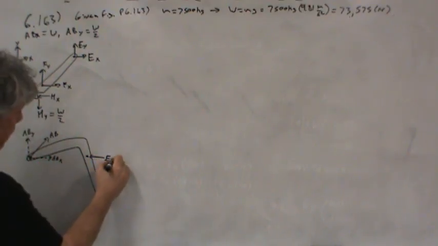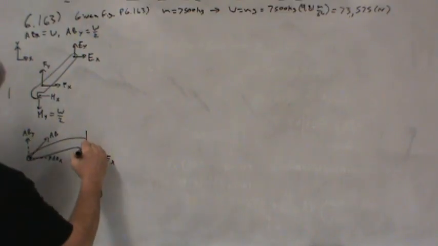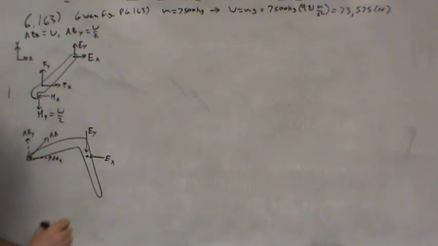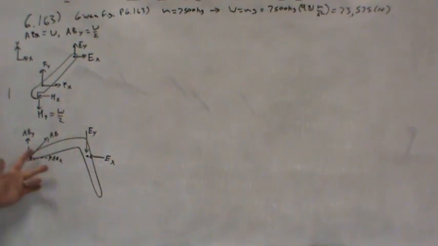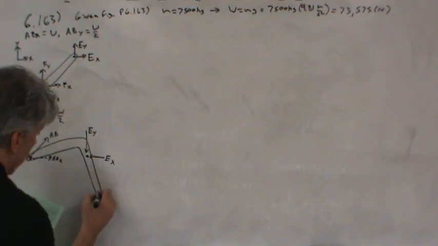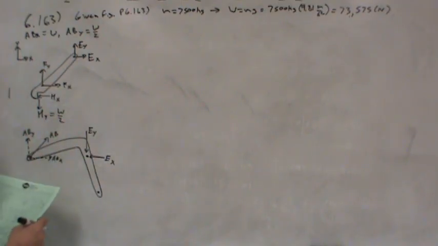In other words, I'll have a horizontal force EX this way, equal and opposite, and a vertical force EY like that. I haven't introduced any new unknowns so far. These are the same unknowns, and I do have another unknown though to deal with. Point G down here connects to the other arm that goes the other way, and I've got to think about this just a little bit.